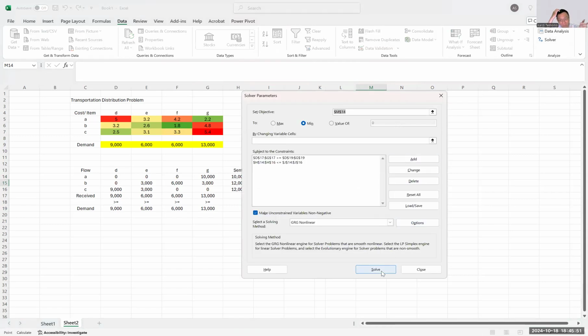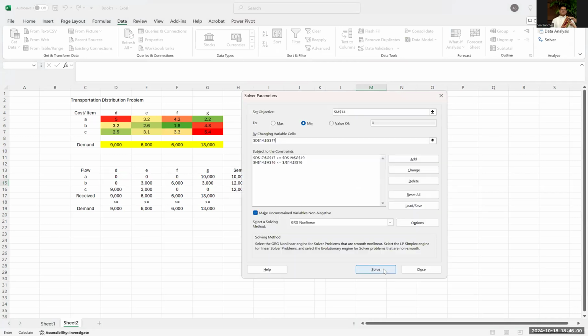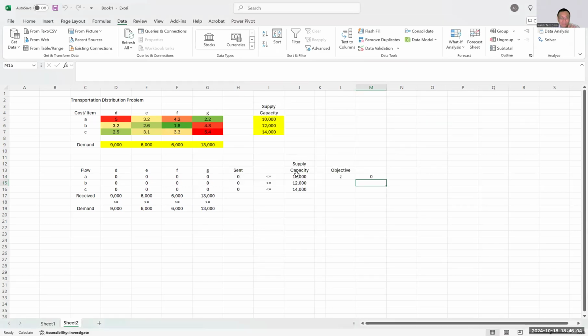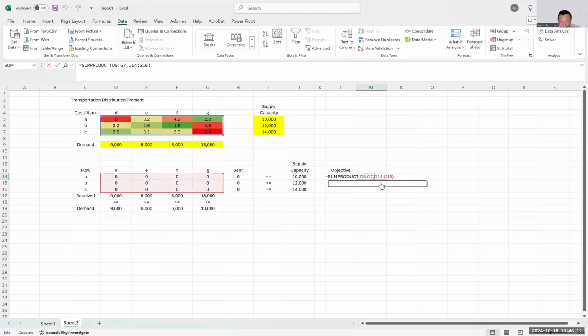Initially, you can put 1, 1, 1 or 0, 0, 0, by changing this. Good. Minimize this one.